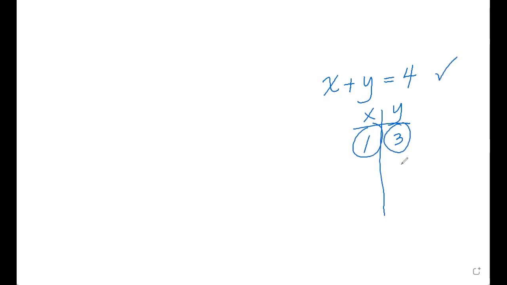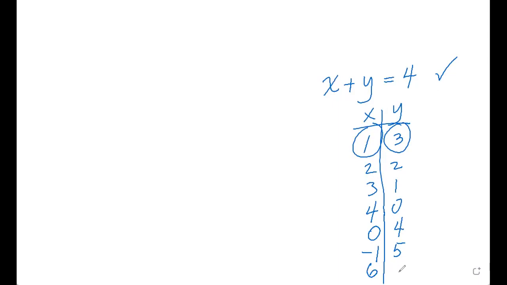So what are various combinations of x and y? So you can have 2 and 2, of course, 3 and 1. How about 4 and 0? Yes. If you choose x equal to 0, of course, y has to be 4. Even a minus 1, as long as when you add them together equals 4.